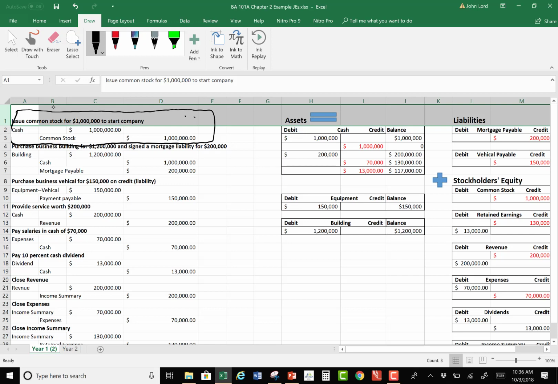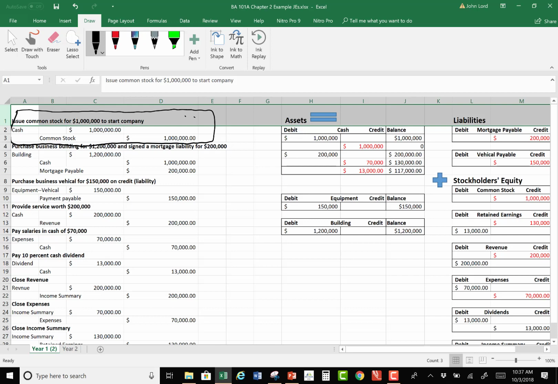Debit to the left, credit to the right. The word common stock is indented to the right of the word cash. The $1 million that's going to common stock is indented to the right of the $1 million that's going to cash, right? Question on that? Debit on the left, credit on the right, okay?